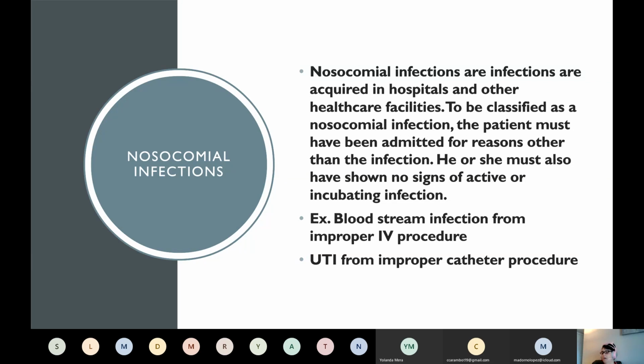Or maybe she falls, she broke her hip, and she didn't get pneumonia, she got an infection in the wound. That infection in the wound was got in the hospital. So any type of infection that a person acquires, not the reason that they went to the hospital, but they acquire it in the hospital, is called a nosocomial infection, and they are killers.